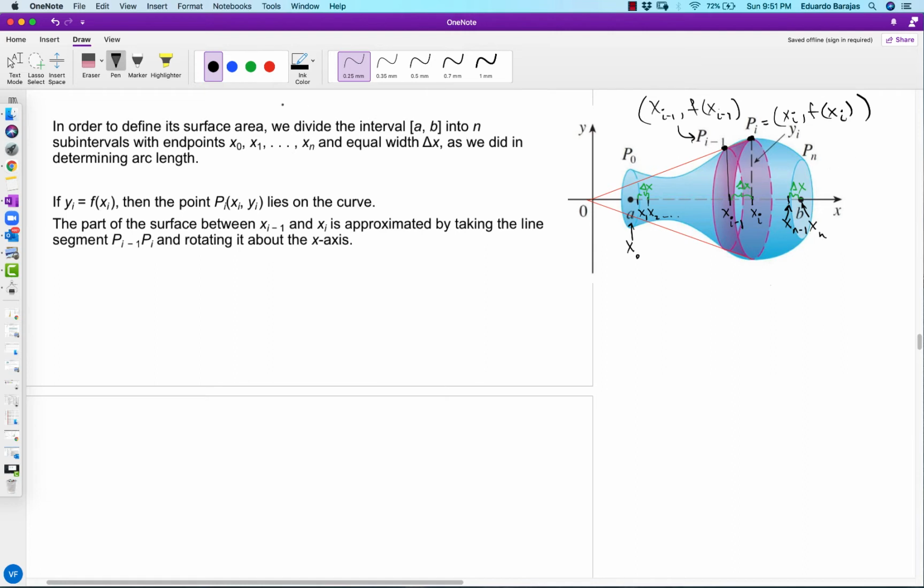Okay, so now what we could do is think about this height here. Just notation. That height right there could also be referred to as y sub i.